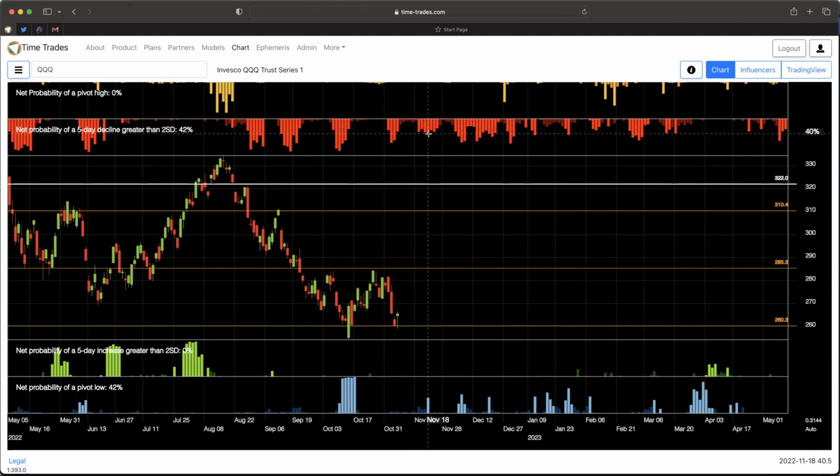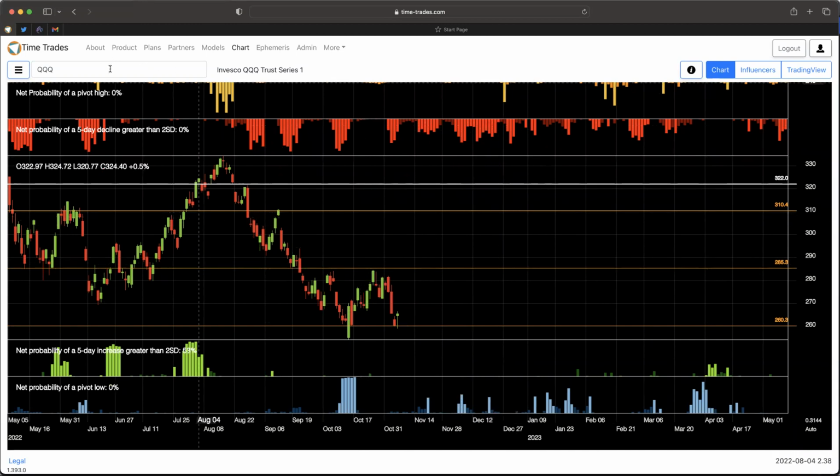Then the down pressure comes back, peaking November 18, and you can see that aligns with a probability of a pivot low, a 42% probability of a pivot low on November 18th. But that's not the end of the down moves. We've got more in the forecast, also for early December, and then other clusters later on.